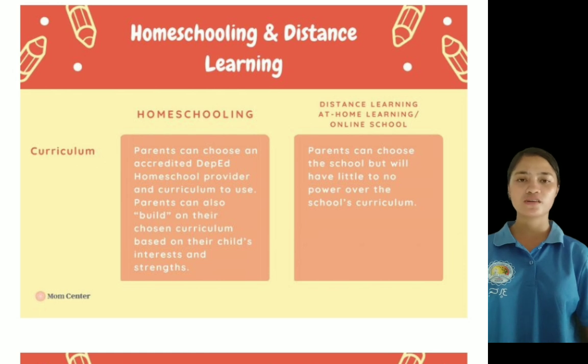Parents can also build on their chosen curriculum based on their child's interests and strengths. On distance learning, at-home learning, or online school, parents can choose the school but will have little to no power over the school curriculum.